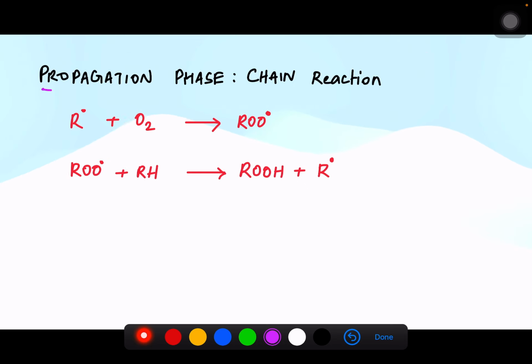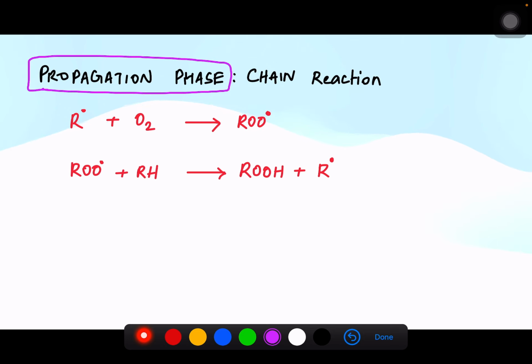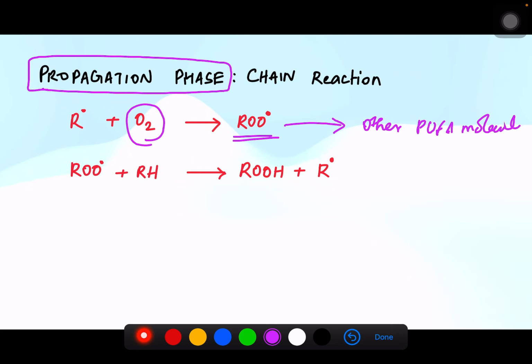The next phase is the propagation phase. In the propagation phase, what happens? This lipid radical will rapidly react with molecular oxygen, and it will form a peroxide radical, which can attack other polyunsaturated molecules. So the lipid radical can easily react with molecular oxygen and form a lipid peroxide radical.